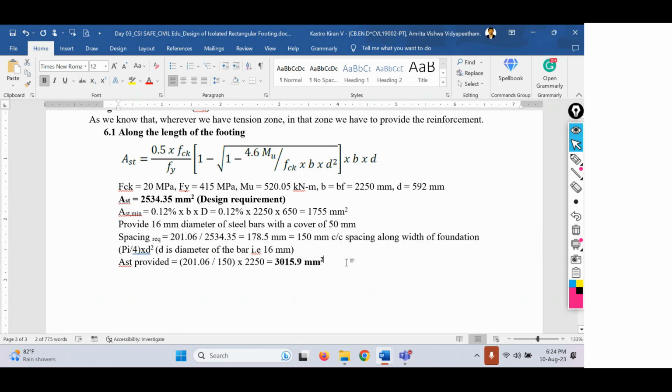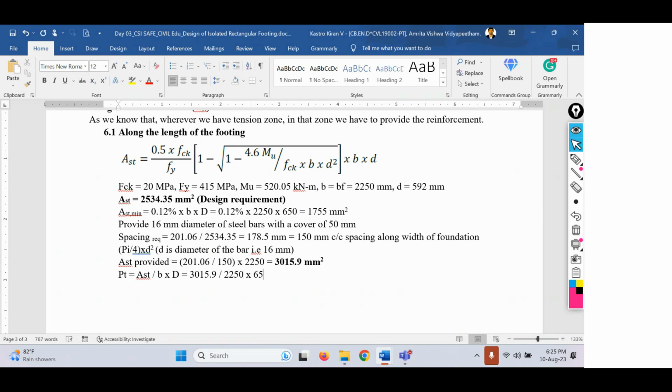Right. So now we have to find out the percentage of steel, which we generally call PT. PT equals, the formula is AST divided by B into D, that is the overall depth. What is the AST value? It is 3015.9 divided by the width of the footing, 2250, into the overall depth.